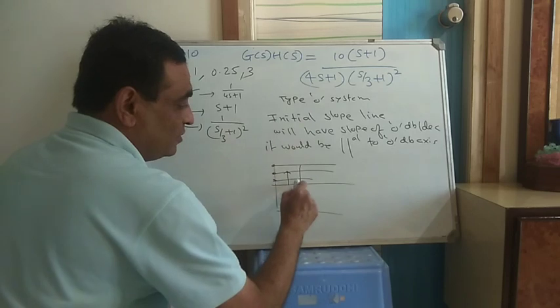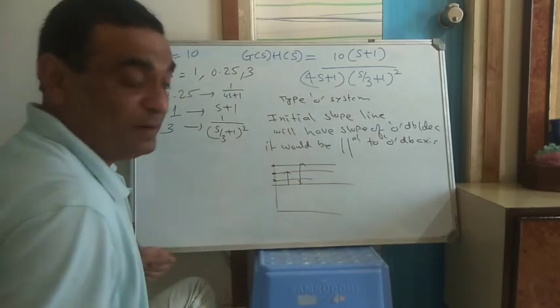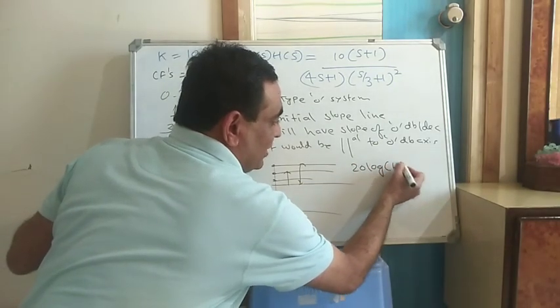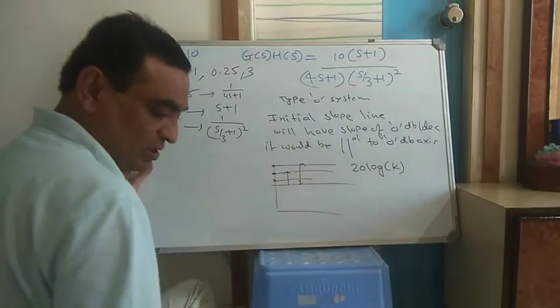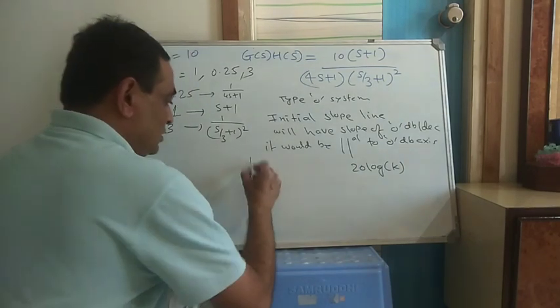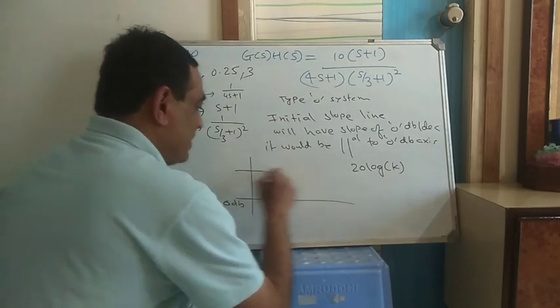What about this? That magnitude you can calculate via 20 log k if it is a parallel line. So let's say, for example, this is my 0 dB line and it is a parallel line.